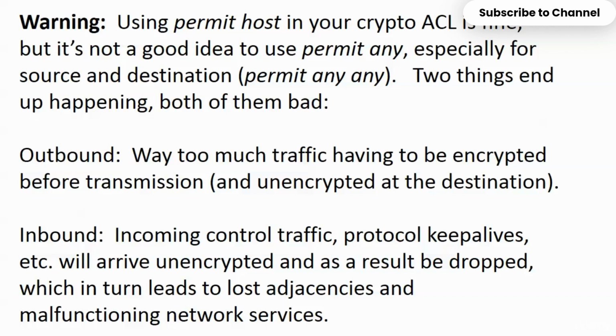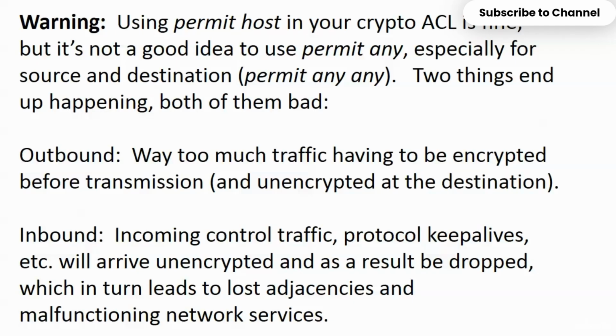Now, inbound, you got some bad things happening there, because you could have incoming control traffic, protocol keepalives, etc., arriving unencrypted. And you've got an ACL on the router that says, I expect everything that comes in this interface to be encrypted. Well, that's not going to happen. And boy, you're going to have not only malfunctioning network services, but you're going to end up with some lost adjacencies likely as well.